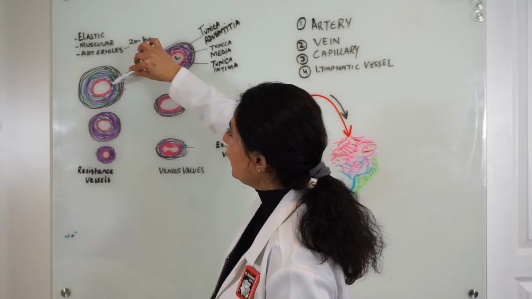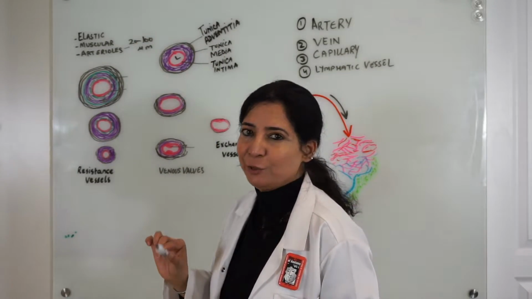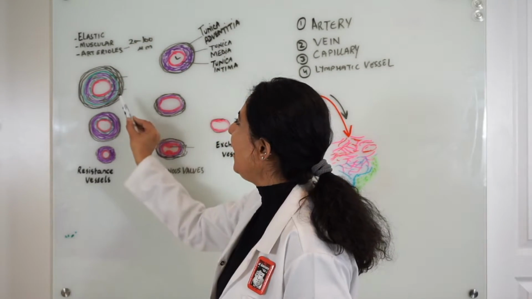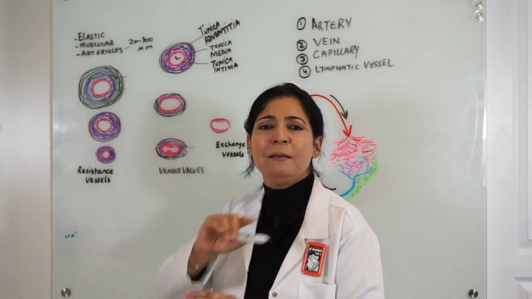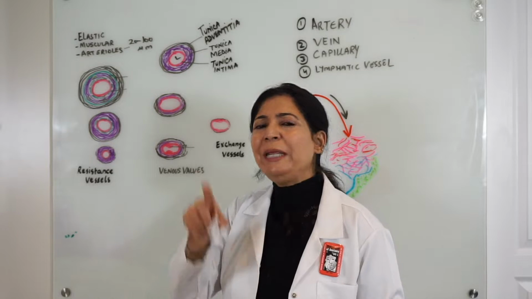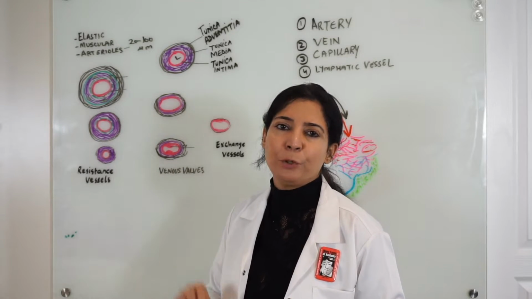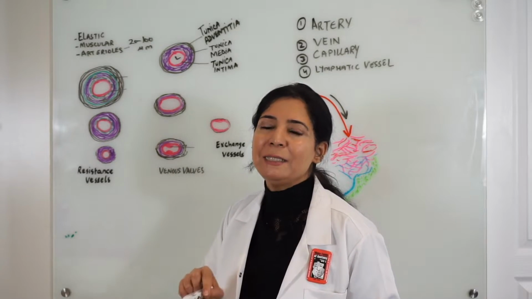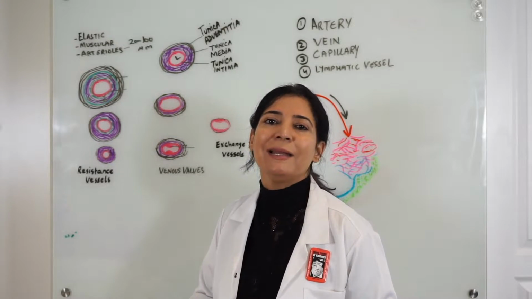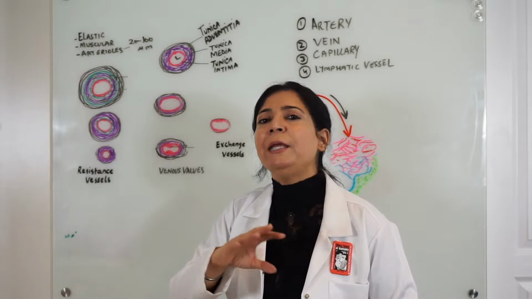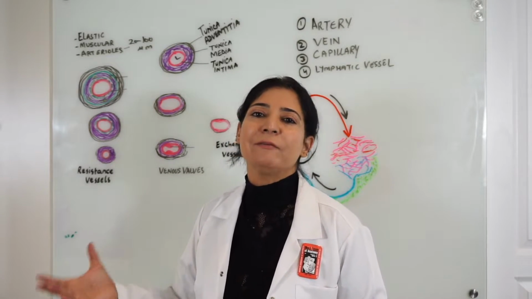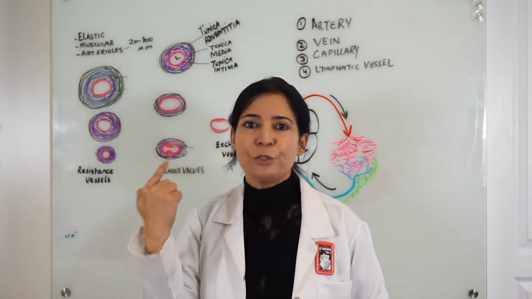We have the tunica intima, just like the usual. Then we have the tunica media. Here you can see some green color is also blended in that purple. That tunica media of the large arteries or the elastic arteries has a huge number of elastic fibers, strands of elastic tissue.